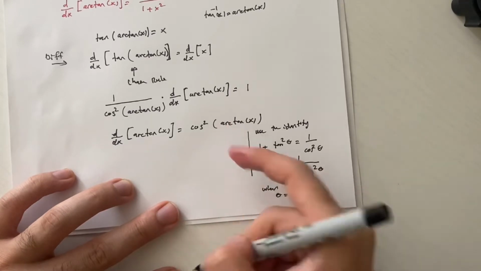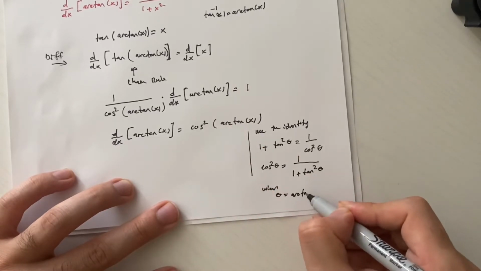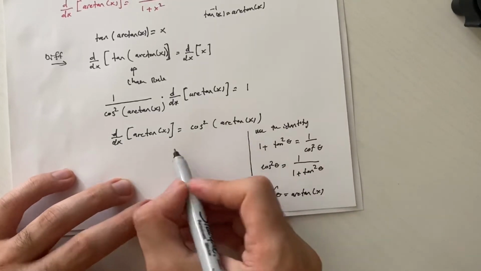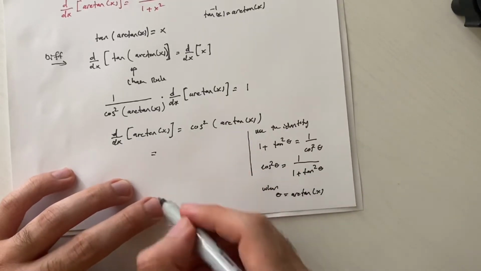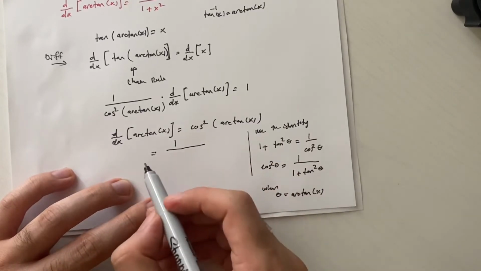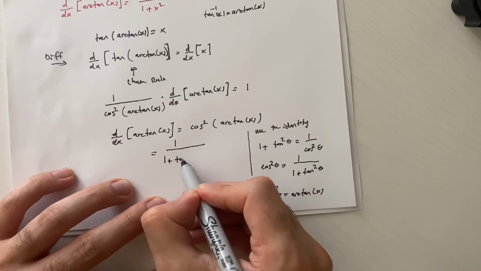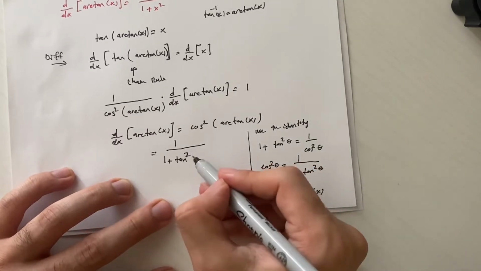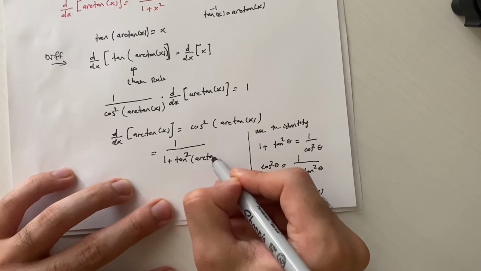Here in our example, theta is arctan of x. So I'm going to take that and substitute for cosine squared. So that's going to be 1 over 1 plus tan squared, and again theta is arctan of x in this case.